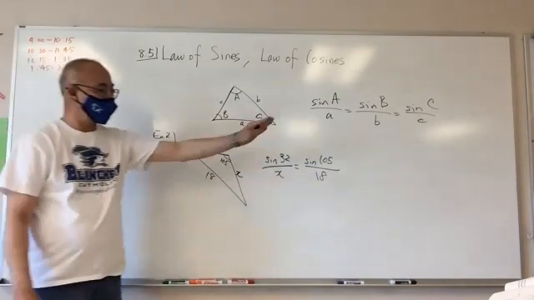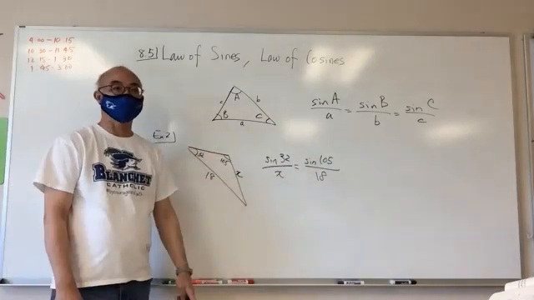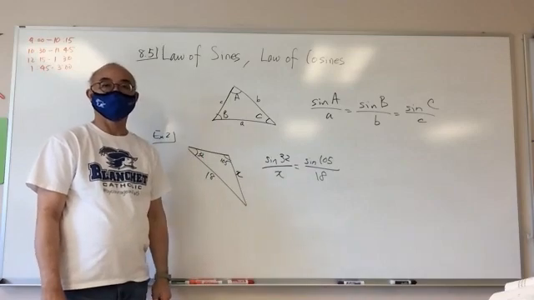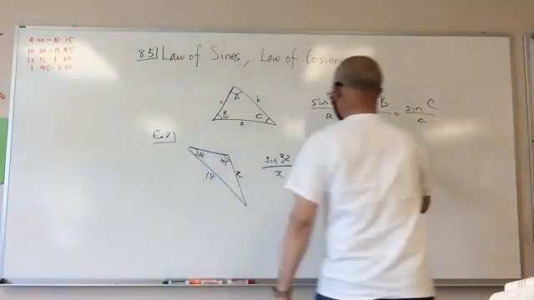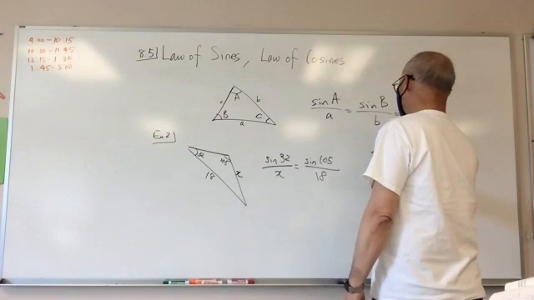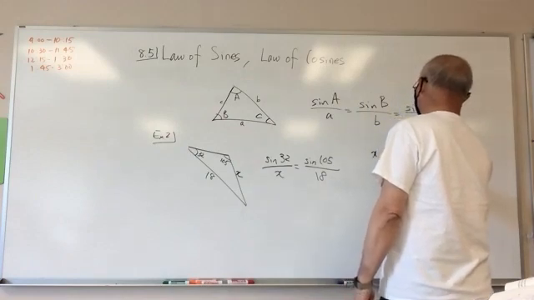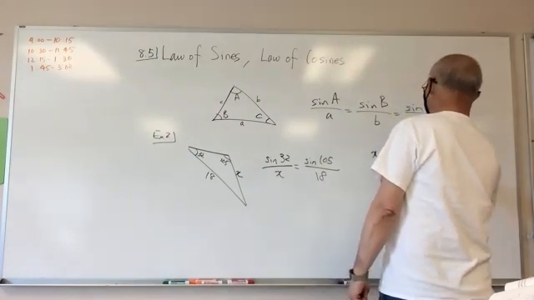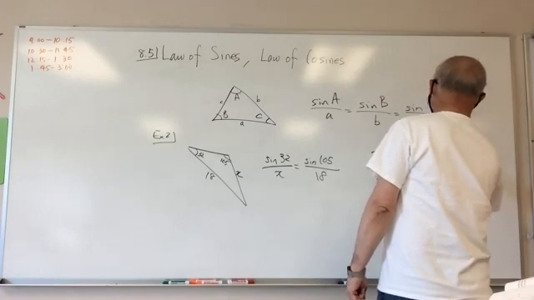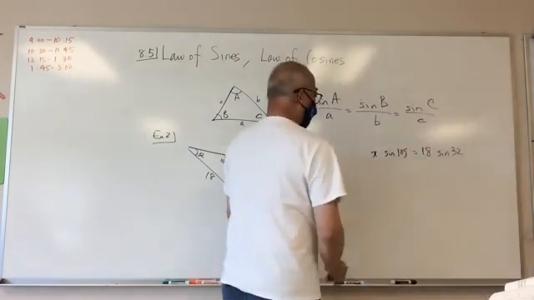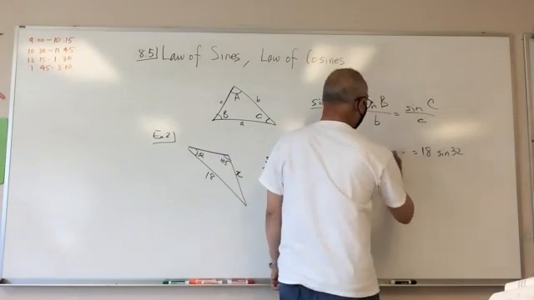Now we just cross multiply and figure out what x is. So I'm going to get x times the sine of 105 is equal to 18 times sine of 32. Divide both sides by sine of 105.